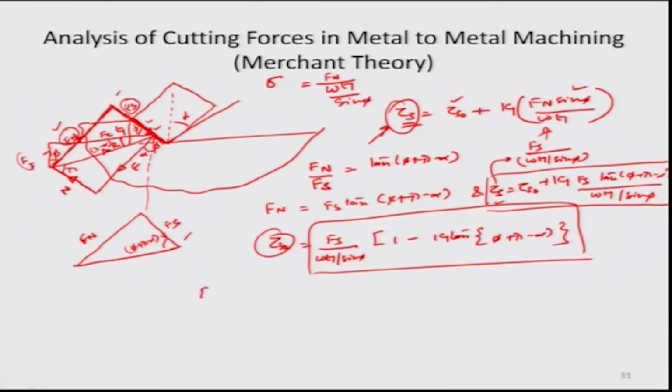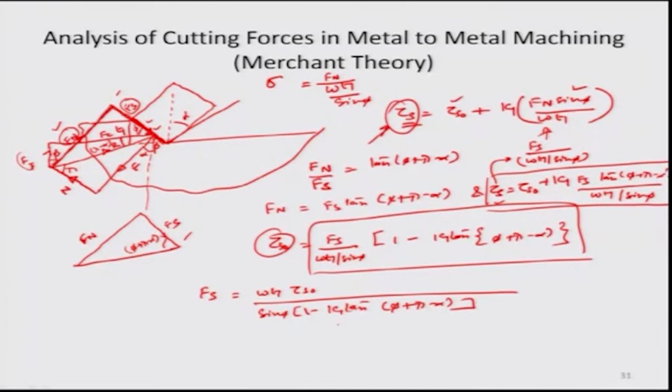Or in other words, Fs can be recorded as Wt1 tau s naught divided by this whole term right about here, which is sin of phi times 1 minus k1 tan of phi plus lambda minus alpha.